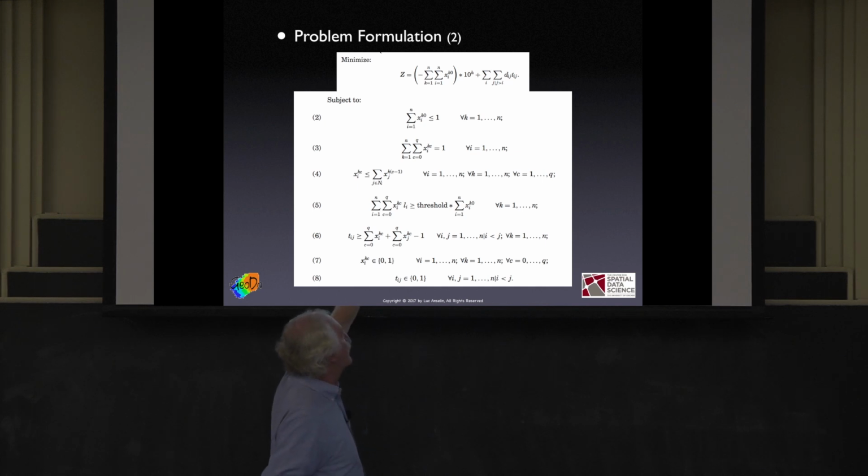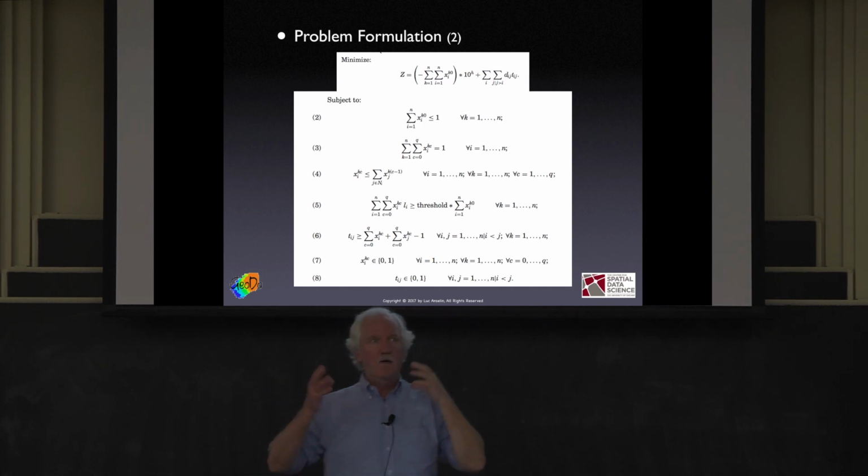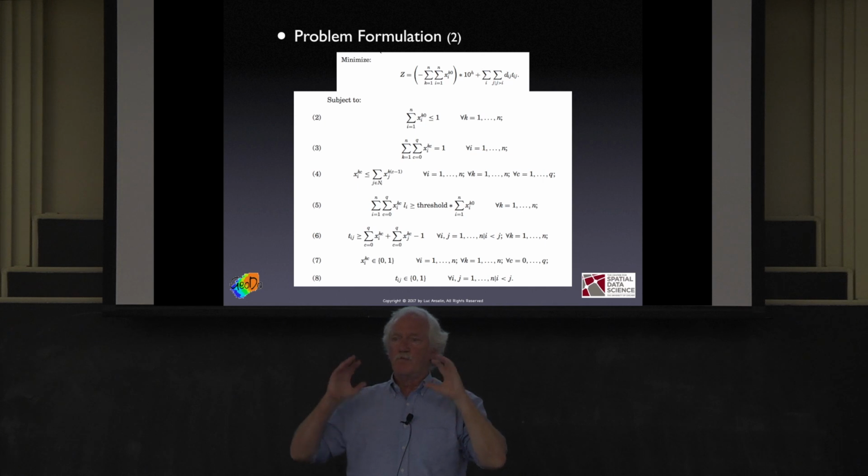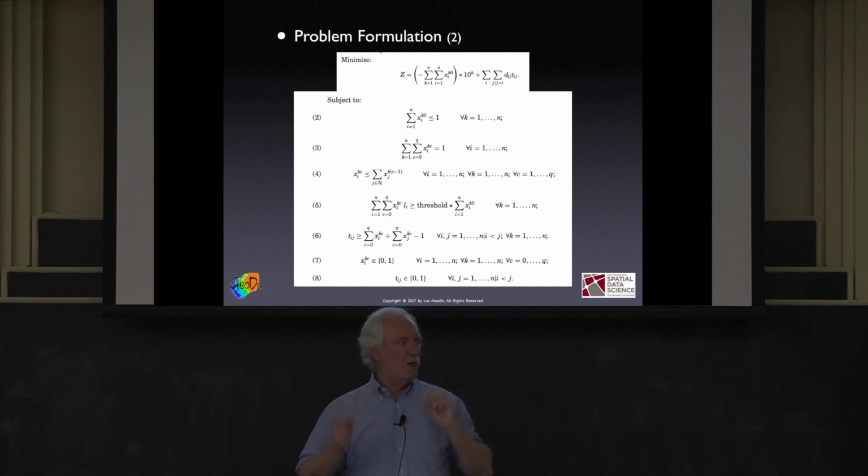That's the easiest one. You sum over all the contiguities c for a given k, over all the i's that are in k. Since these are 0 and 1, there will be 1 if i is in k, and then you multiply it by the population of i. That population has to exceed the threshold.